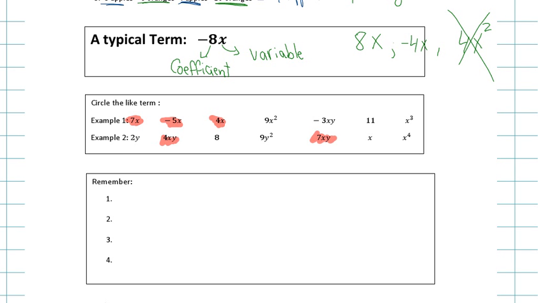Do I have anything that has only y? No. Do I have anything that's only a number, a constant? No. Do I have anything that has y squared? No. Do I have anything that has only x? Do I have anything that has x to the power 4? So the only 2 like terms are 4xy and 7xy.